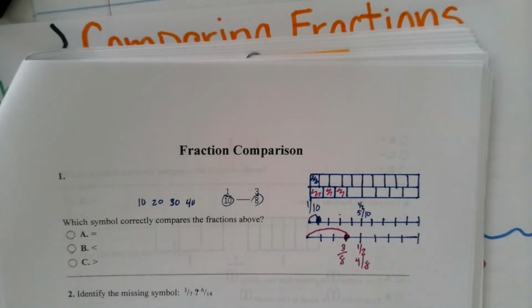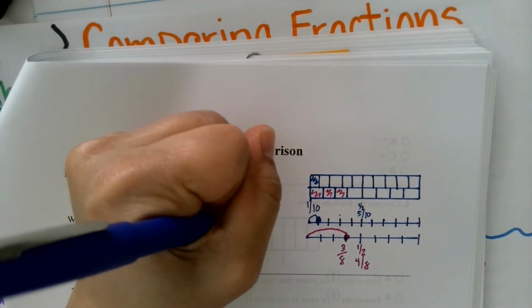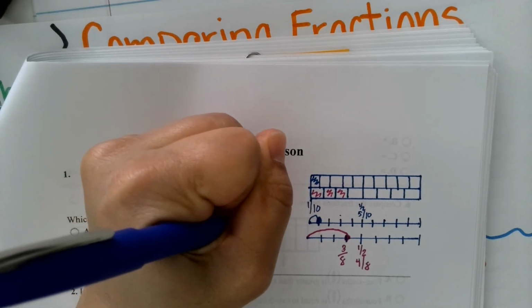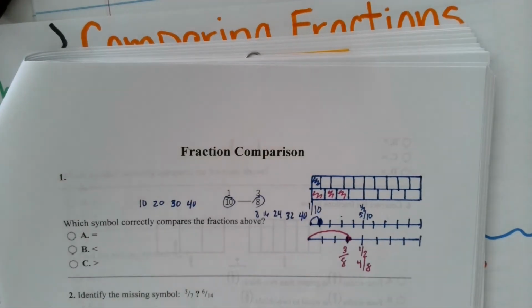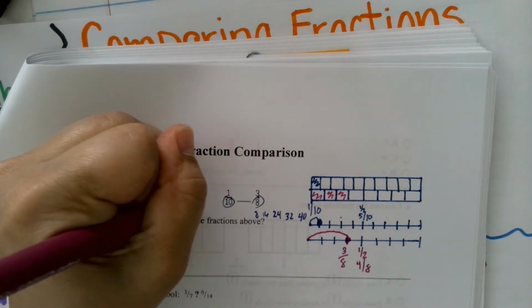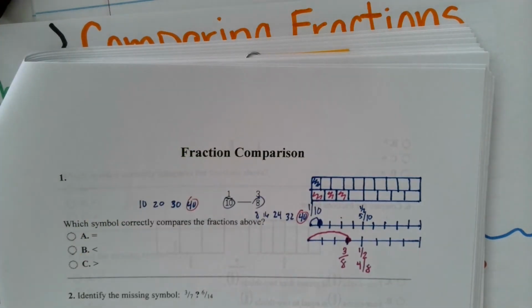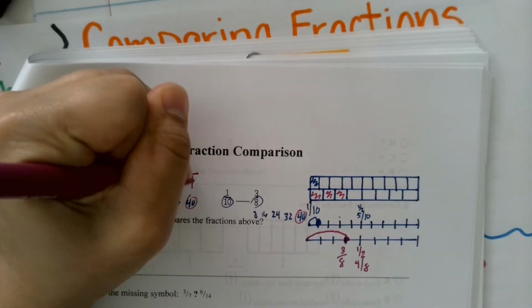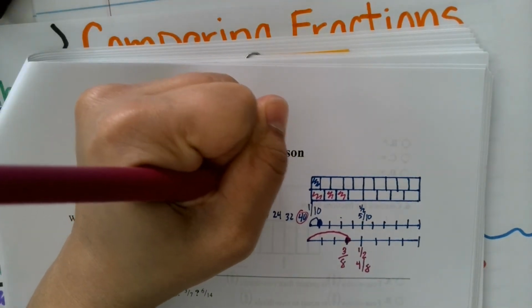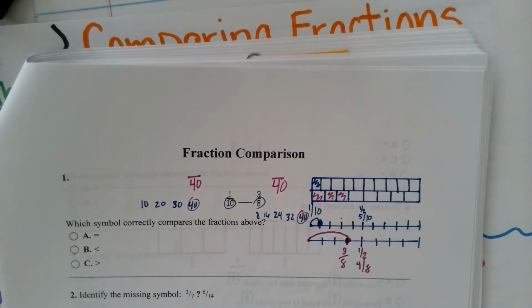Multiples for 8, we're looking at 8, 16, 24, 32, 40. So what I notice is both of them have 40 in common. So what I'm going to be doing is changing both these fractions into 40ths. I just have to figure out how do I get to 40ths.